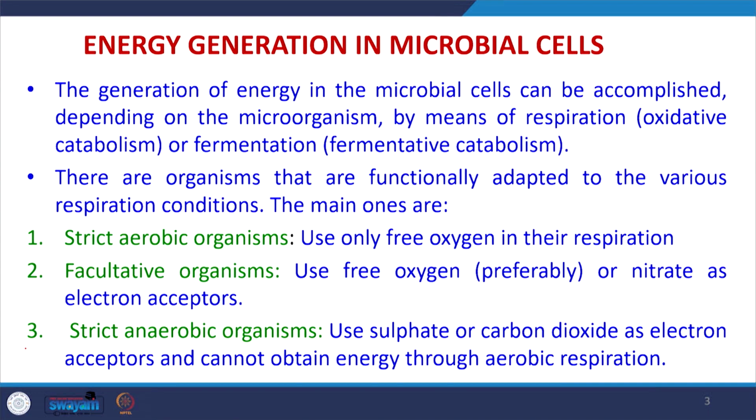One is the aerobic condition, where oxygen is available in plenty. This oxygen itself is used in the respiration process for generating the energy which is used further. Now, in the facultative process, oxygen is not being supplied from outside, but still some oxygen is available inside the system itself. It may be free oxygen or nitrate etc.